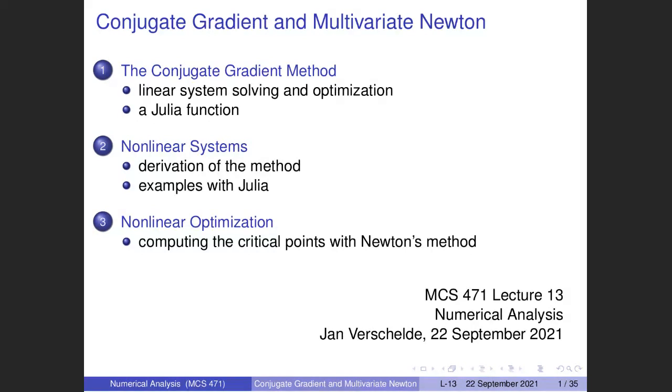So there are three parts in this lecture. One could say that we are going to work with gradients in the first part. In the second part, we're going to define a multivariable version of Newton's method, the Jacobian method.